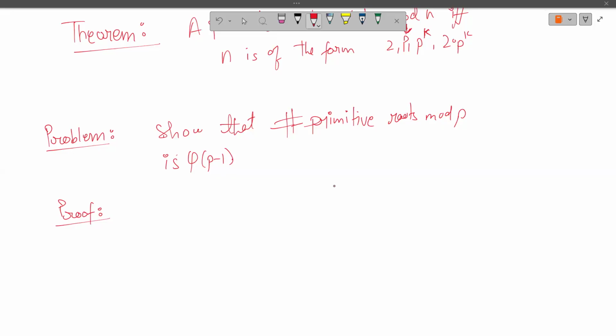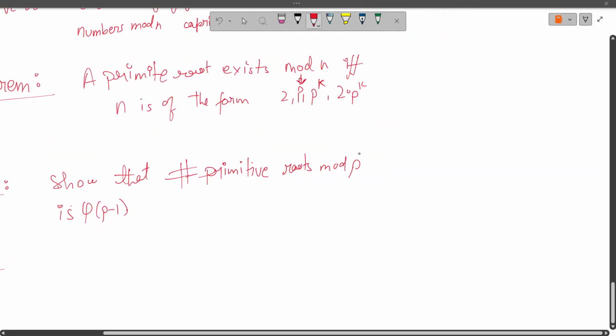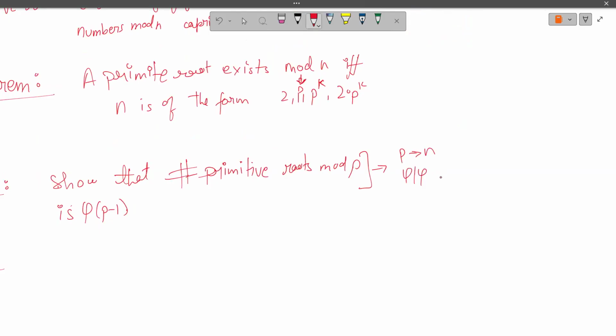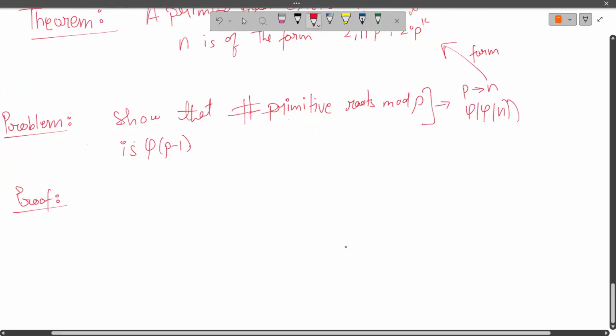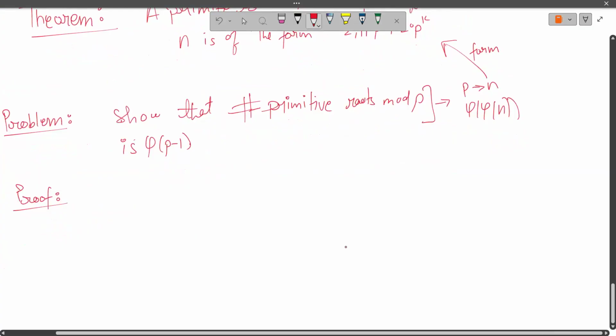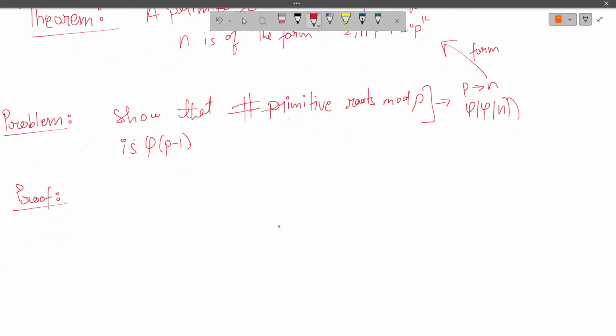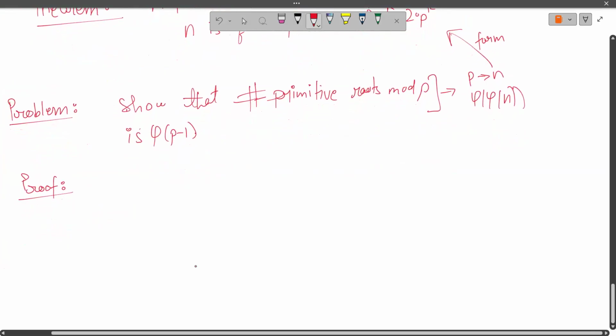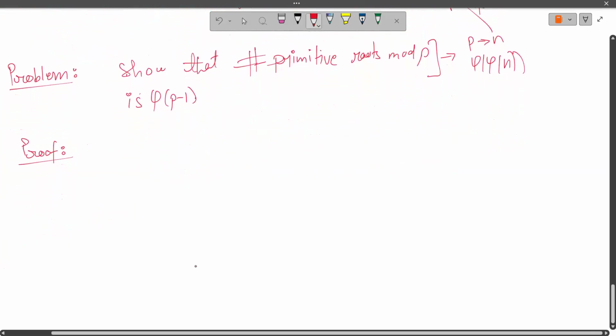Also, for the people who are interested in generalizing this, when you replace P with N, you get phi of N instead, where N is of this form. Doesn't this problem imply a case of the previous one?